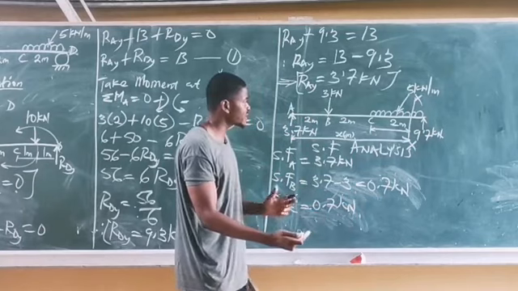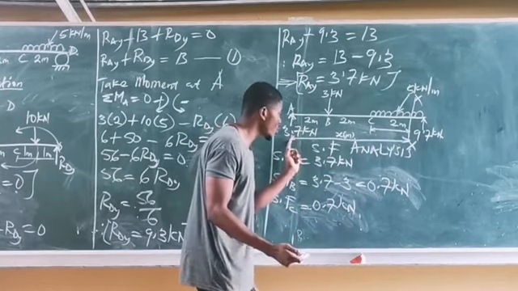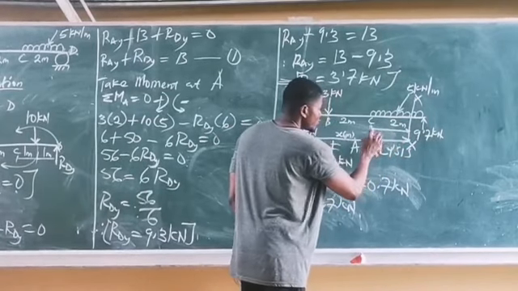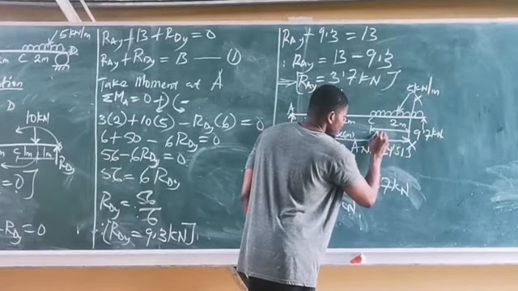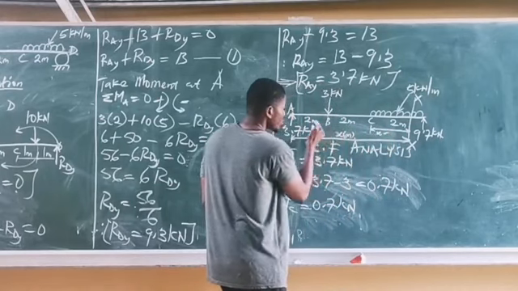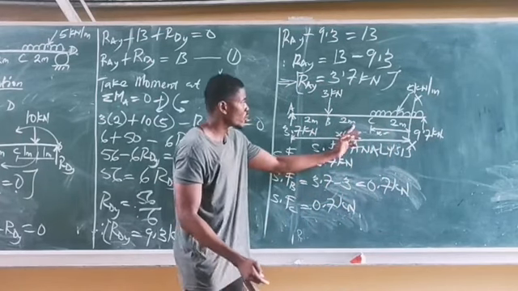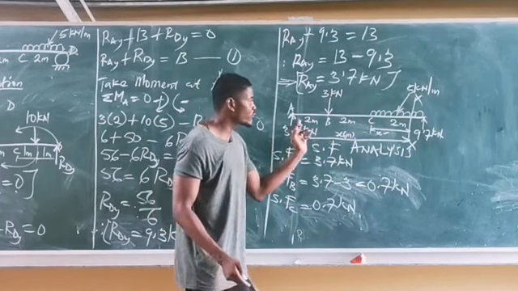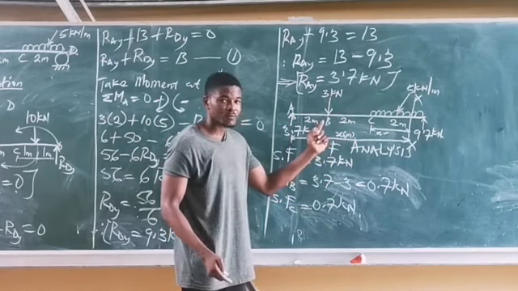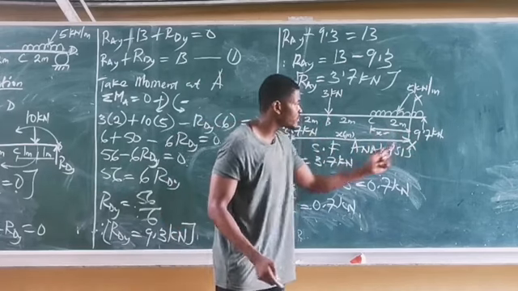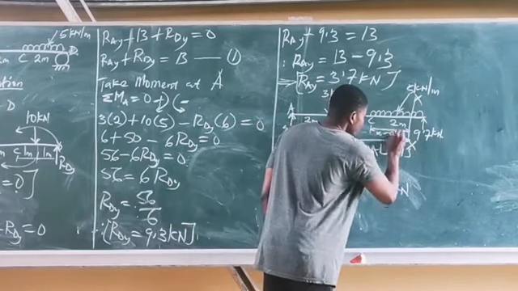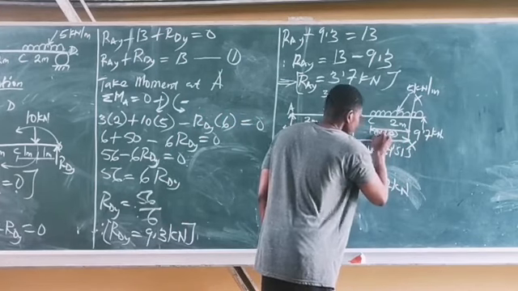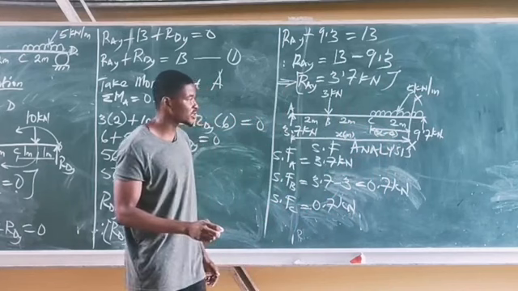And that distance is simply x minus the distance that we don't need, which is 2 plus 2, which is 4. So from this point to this point, we don't need it. So it means the distance covered by the UDL is simply x minus 4 meters.